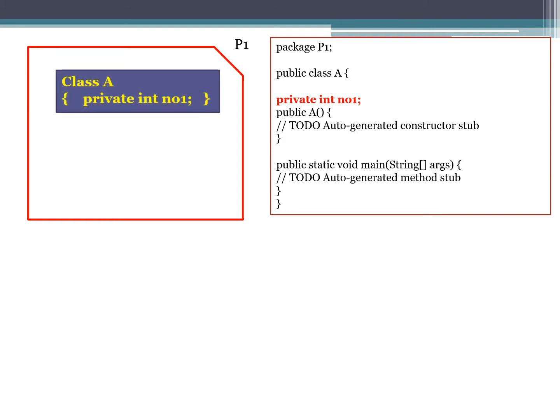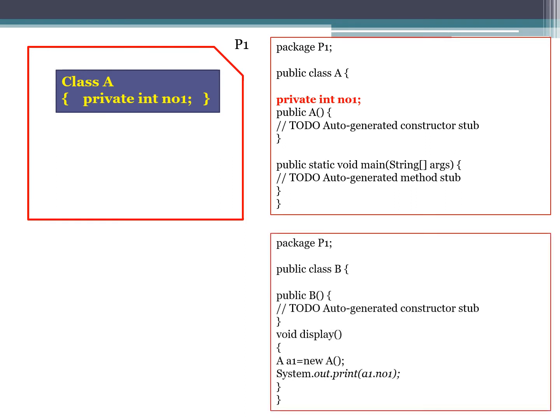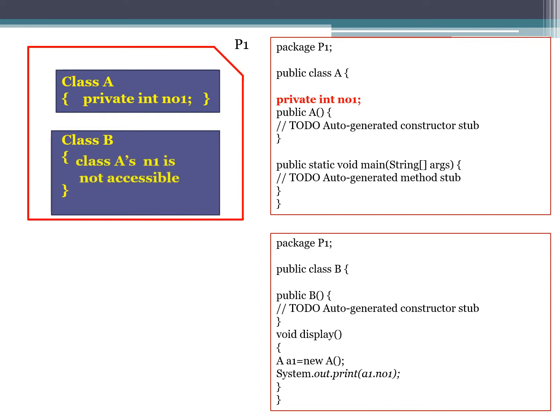We have to check whether this private variable is accessible in another class which belongs to the same package as class A. Here there is a display function, and in it we have created an object of class A. If we try to print the value of the private member variable no1, it gives an error as the field a.no1 is not visible.